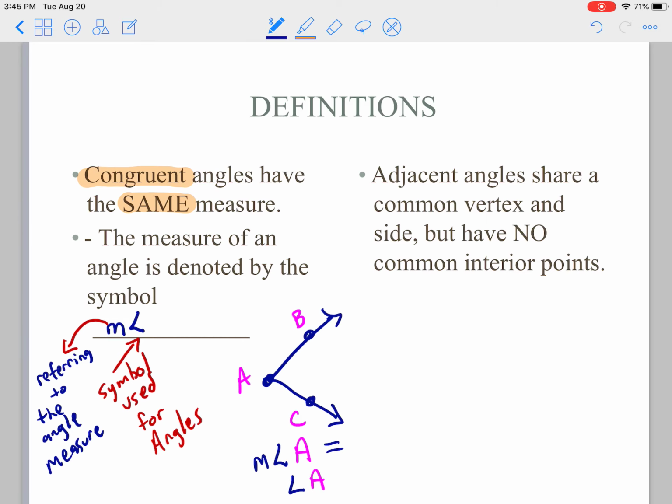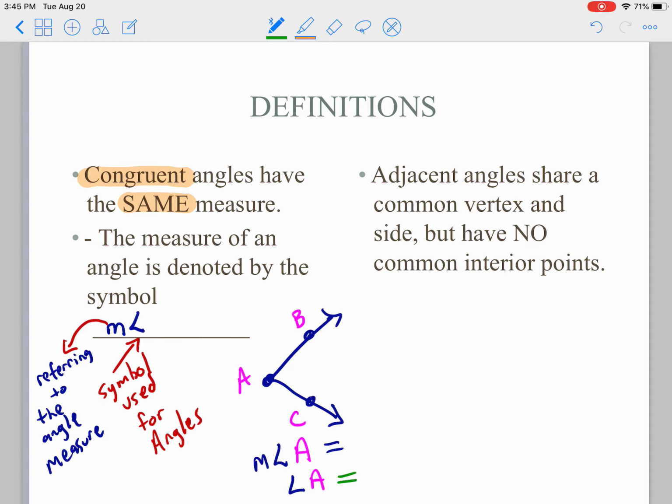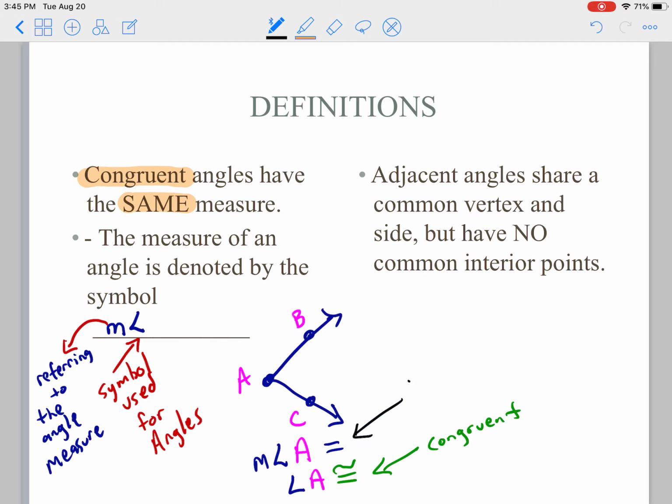I will use congruent. So this is congruent because I'm referring to the angle itself, and this is equal because, this is poor English, I apologize, because I'm referring to a measure.